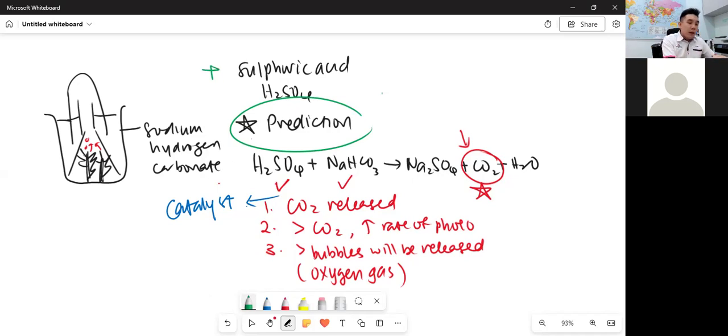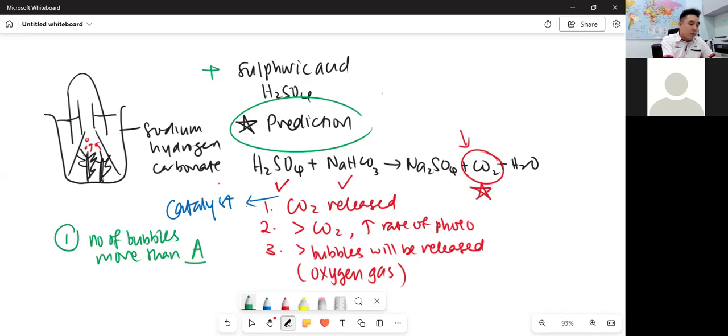Probably your very first answer is the number of air bubbles will be more than a certain value, I put A. Remember, this is from the experiment, from the table, the value that you obtain from the experiment.